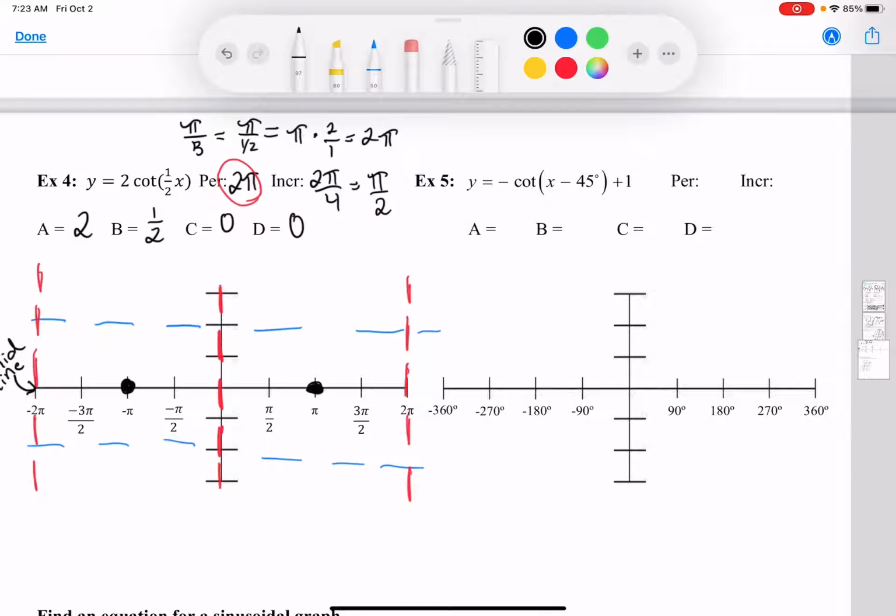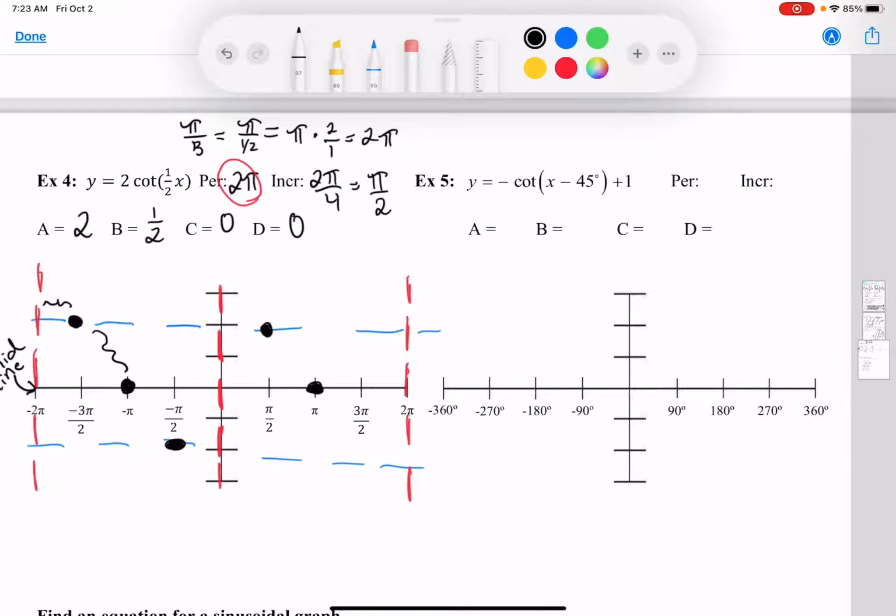So now the point to the left of my middle point will be above. Okay, and notice I plotted it halfway between the middle point and the asymptote. And then my next point will be halfway between that middle point and my asymptote on the right.